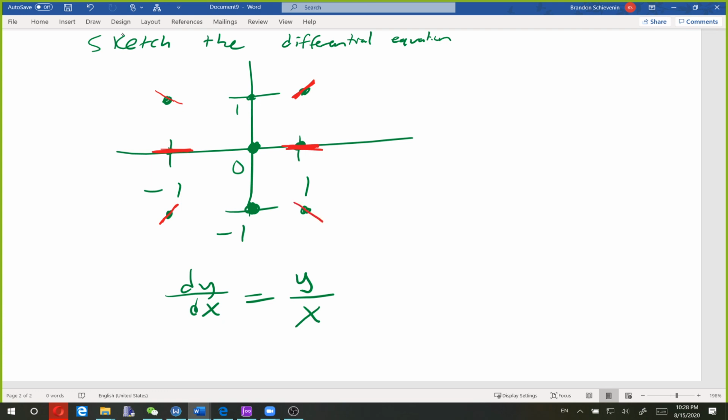Okay, cool. Does everyone understand what we're doing? Any questions on what we're doing from anyone? Kyle, go for it. You're drawing the slope at these points is what I'm really doing. So you can find out the slope dy over dx by plugging in your x and y value for each of these points. And then you'll draw a short line that has that slope.